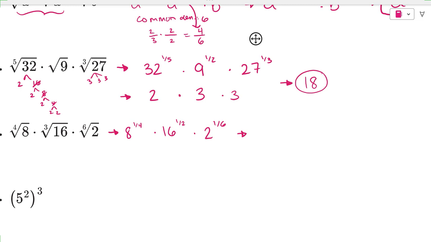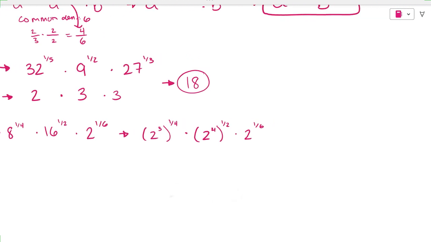So 8, if I want to write that as 2 to some power, 8 can be written as 2 cubed to the 1/4. And I don't need those parentheses. I just want to do this step by step. Well, 8 times 2 is 16, so 16 is 2 to the 4th power times 1/2. And then 2 to the 1/6, we can't really simplify that more than it already is.